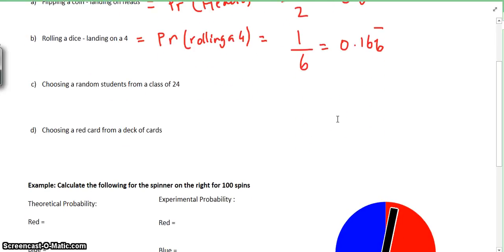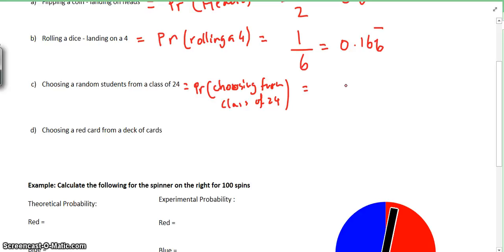Next question is, choosing a random student from a class of 24. So the probability of choosing a random student from a class of 24. Again, how many possible outcomes are there?